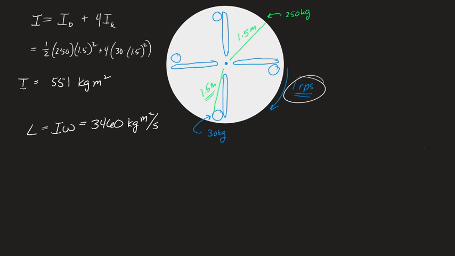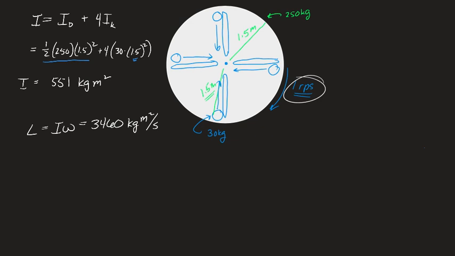What happens to the moment of inertia of the system if the kids all walk to the center of the merry-go-round? Does the moment of inertia increase or decrease or stay the same? It's going to decrease. The portion of this that is the disk doesn't change, but suddenly that number changes, doesn't it?